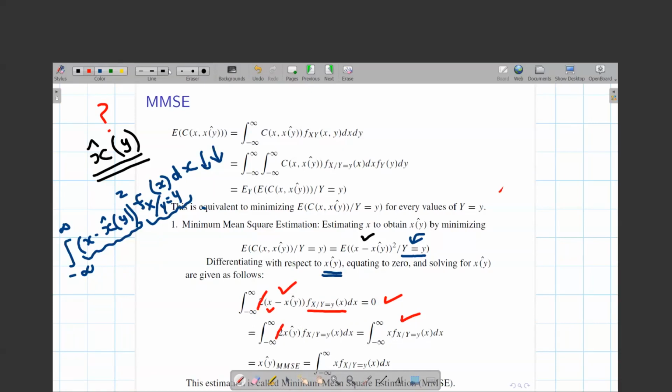What you see on the right-hand side is what we call the conditional mean. This is basically the expectation of x given y equal to y.